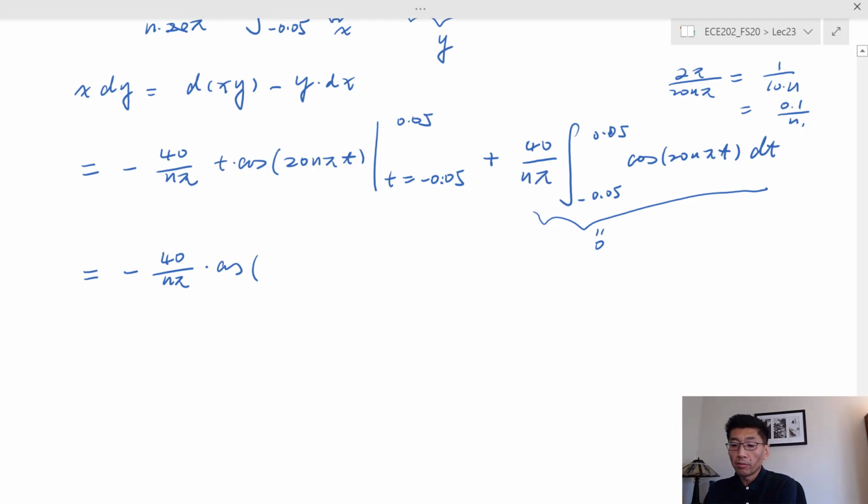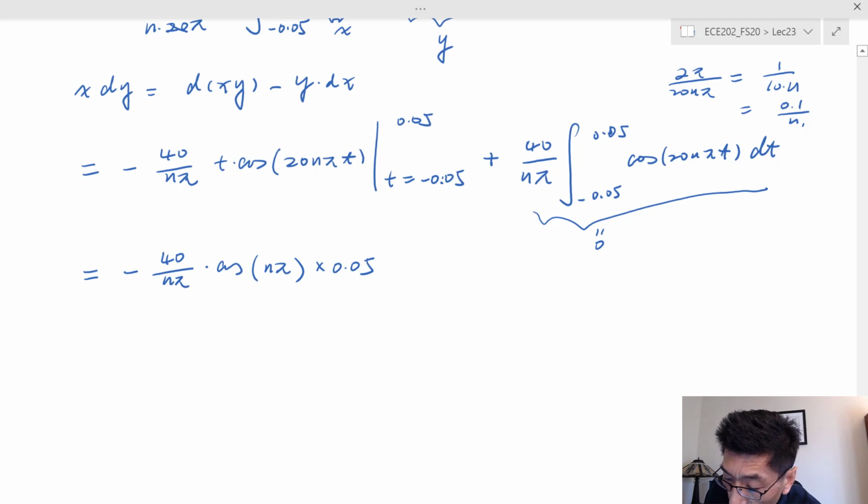What's 0.05 times 20? That's 1, right? So that's 1, that's n pi. And times, let's just write it in 2 steps, so I don't want to get too many steps. 0.05. So t is equal to 0.05, right?